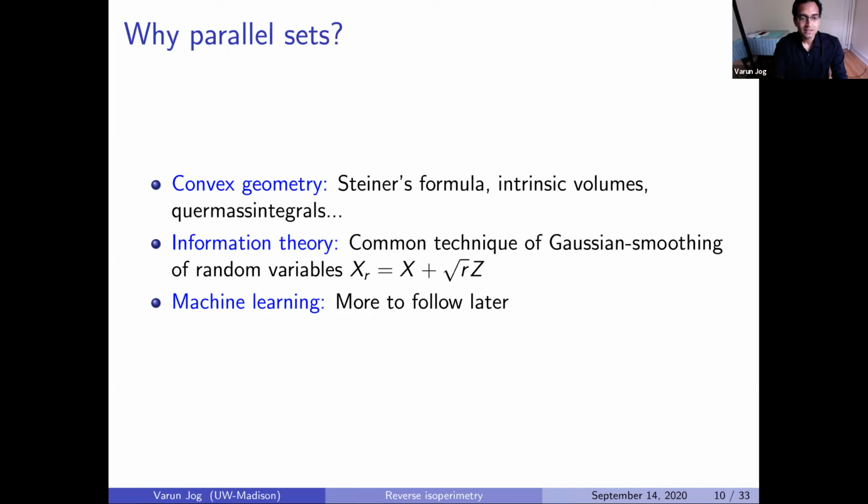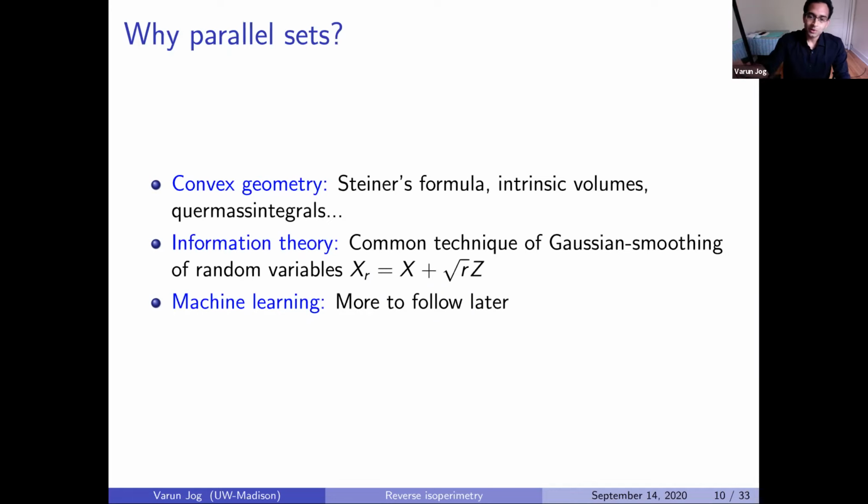The second motivation for me was information theory. I come from an information theoretic background, and in information theory there is often this trick that we use of Gaussian smoothing. If you want to prove some kind of an entropy inequality, you take the random variable and add a little bit of Gaussian noise to it, so that its density is suddenly very well behaved.